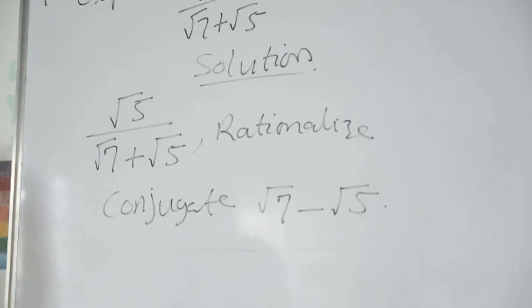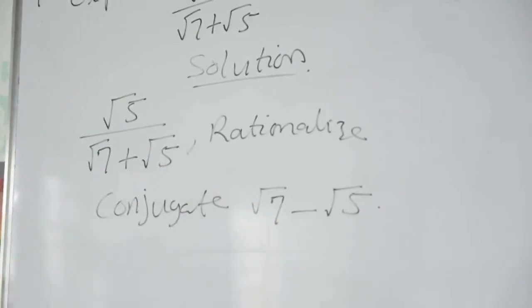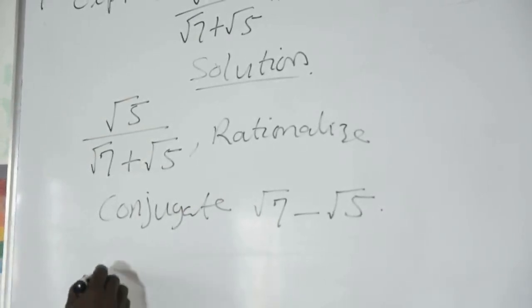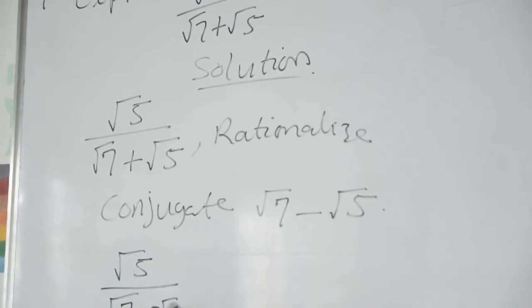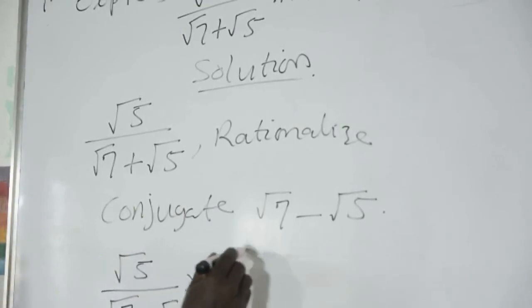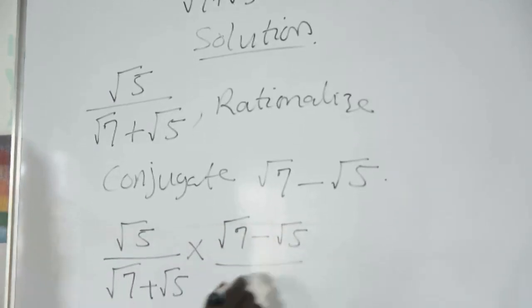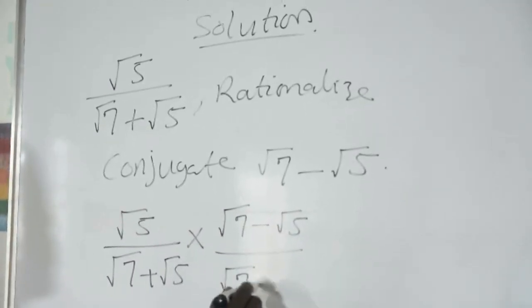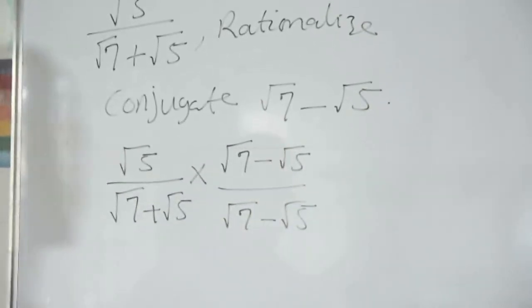Right? So, when I say we multiply both the numerator and the denominator by this conjugate, that means we are going to now have square root of 5 divided by square root of 7 plus square root of 5 times square root of 7 minus square root of 5 divided by square root of 7 minus square root of 5. And you carry out this multiplication.